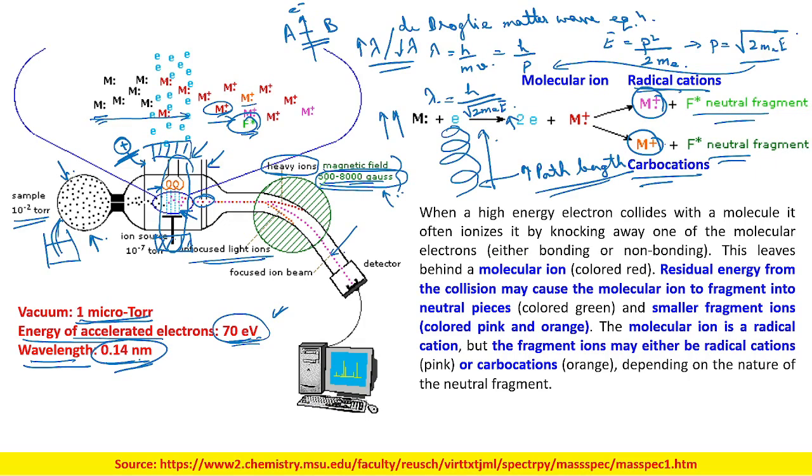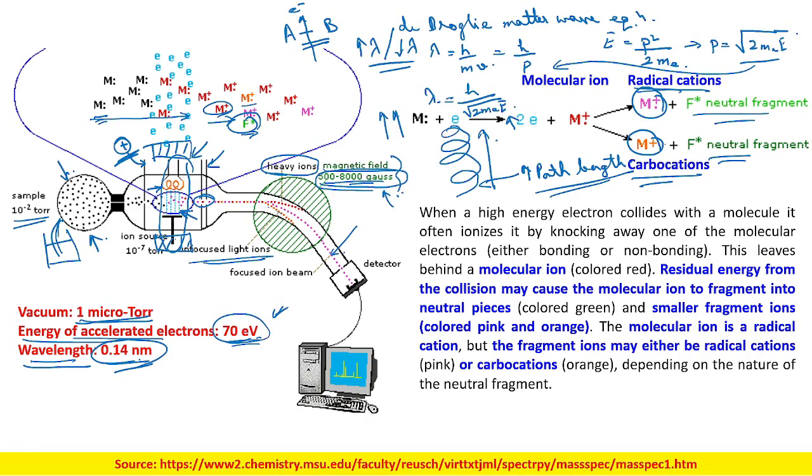Because as I told you, when we put the sample into this ionization chamber, the molecules are already in the vapor phase, and the chances of interaction of the electron beam with the molecules are quite low. So by increasing the path length of the electron beams, we increase the chances of interaction of the electrons with the molecules, so that we get the charged particles.